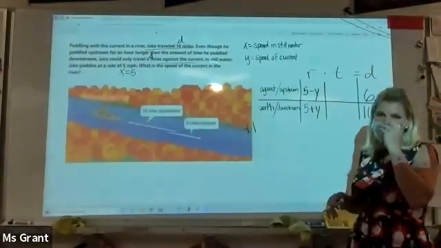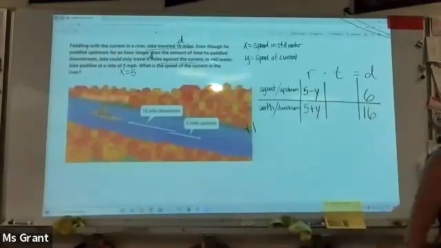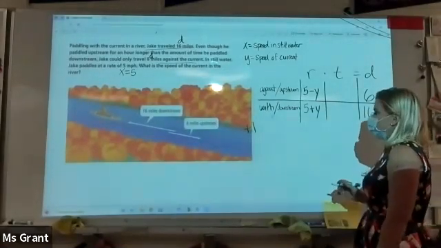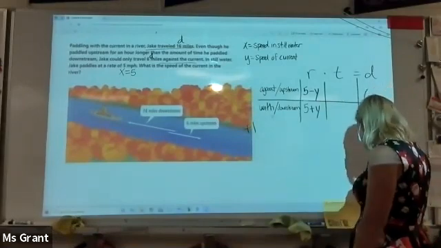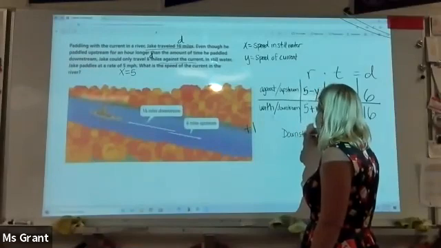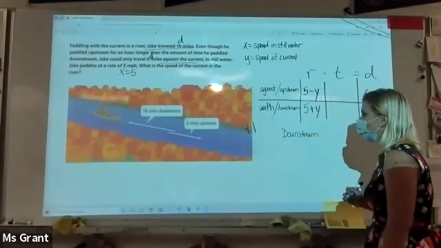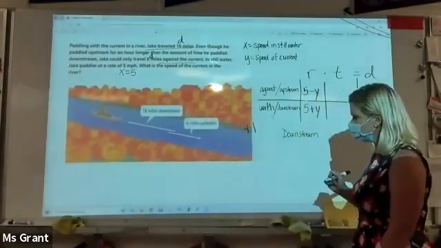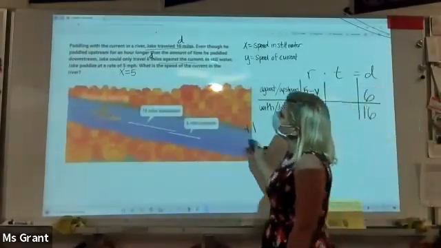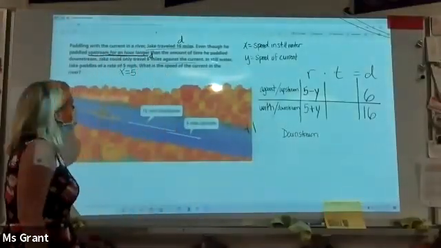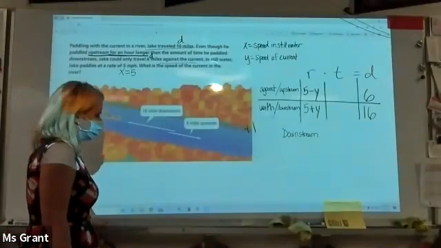And it's good because I don't want to do X and Y and have a system of equations. It's just too much. This is great. So now I get to work with this. Downstream and upstream, right? So it took him an hour longer. When he paddled upstream, it took him an hour longer than the time he paddled downstream.